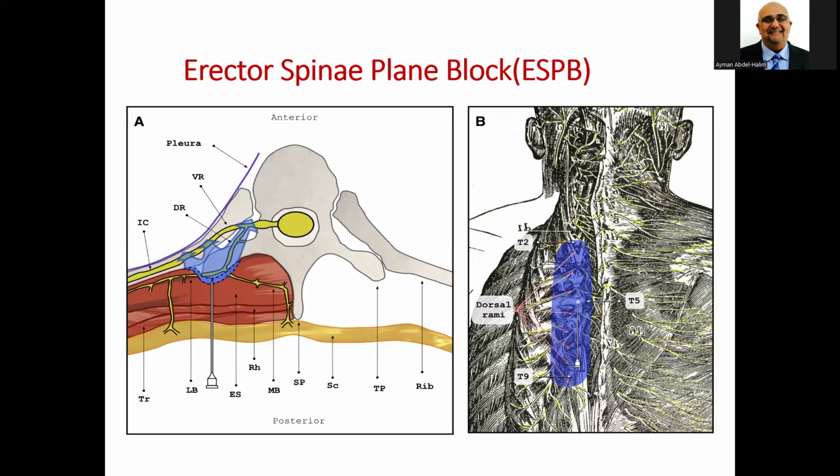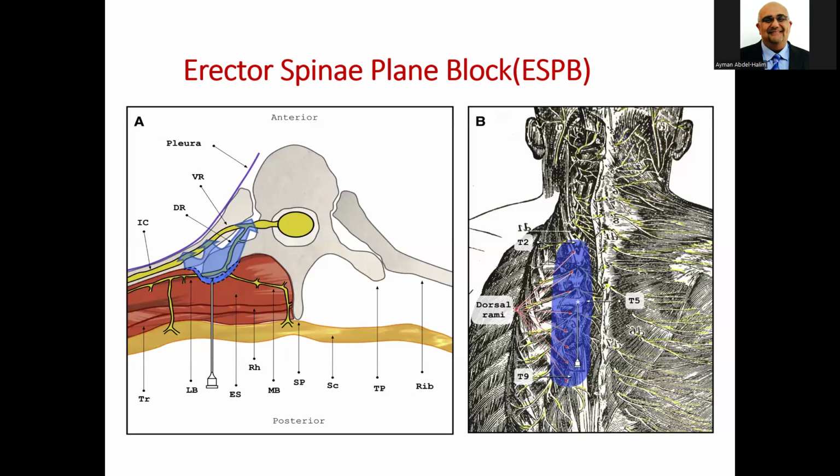Erector spinae plane block. And if you look at it, first of all, it's done outside. Once you hit the transverse process, you don't go deep. You just inject in this compartment of the erector spinae. Remember the erector spinae from the earlier pictures I showed you, it's in the fourth deepest layer of these back muscles.